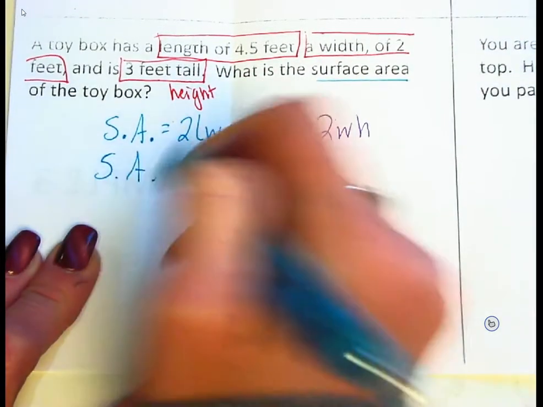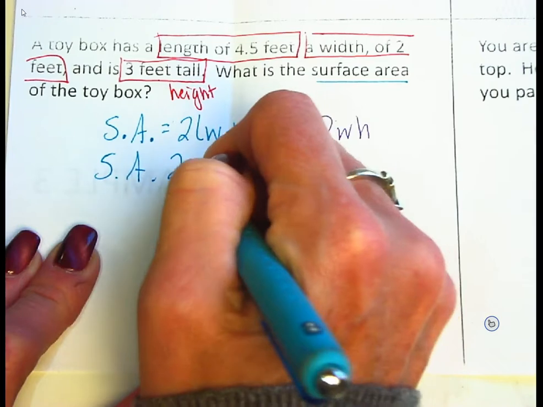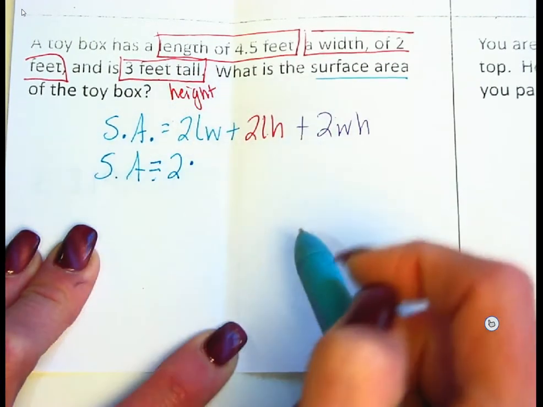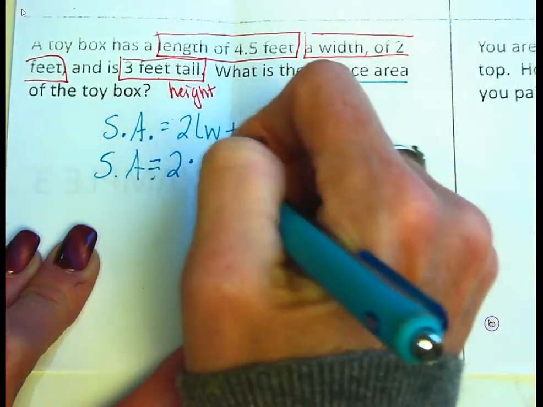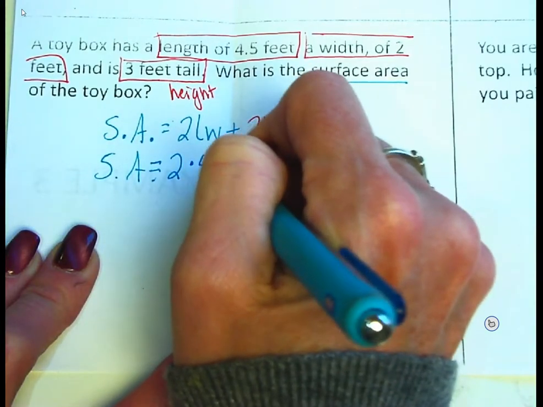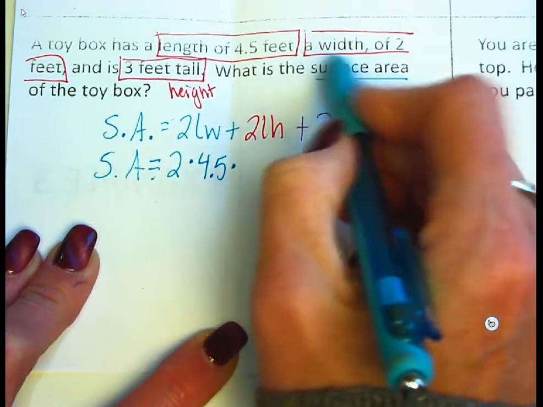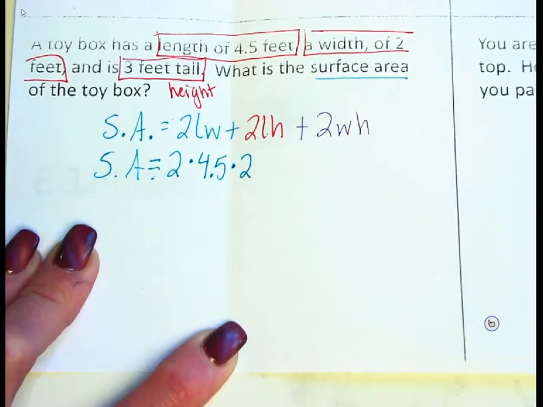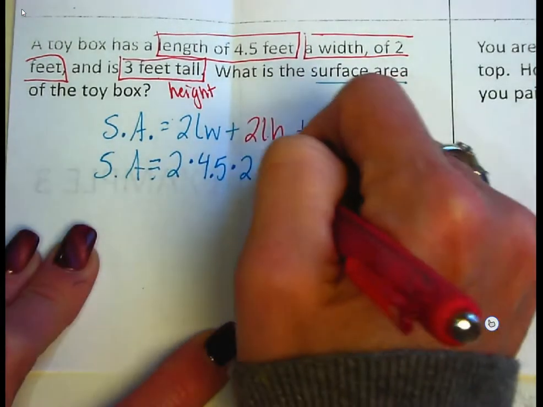So then we're going to put in our numbers. 2 times, what is my length? 4.5. And my width? 2. And then that's the top and the bottom.